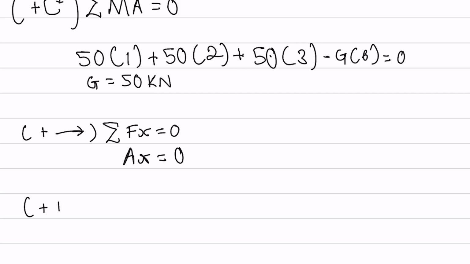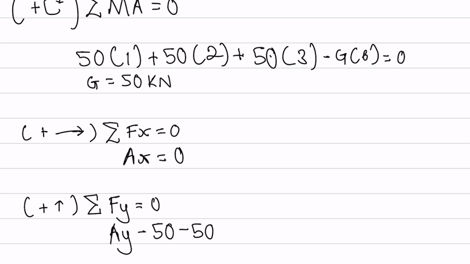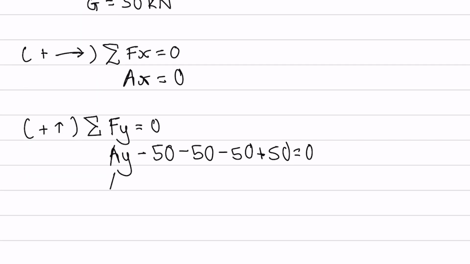We assume up is positive. So sum of Fy is equal to 0: Ay minus 50 minus 50 minus 50 plus 50 equal to 0. So we get Ay 100 kilonewton.